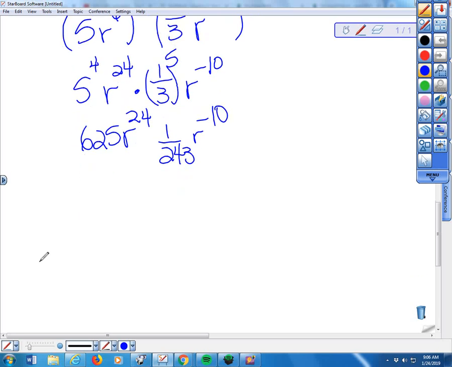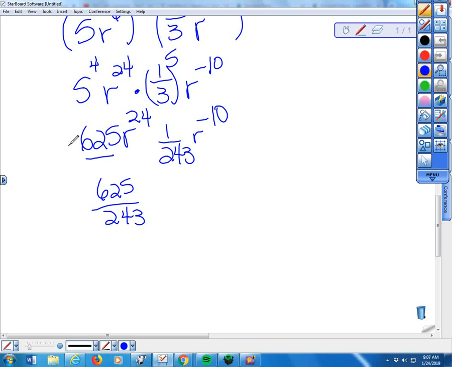So now I've got 625 times 1 over 243, right? When I multiply this times this, it's this. I can worry about simplifying if possible later, but for now that's what the fraction is. And then what do I do with the r's? The exponents. Combine them. How?